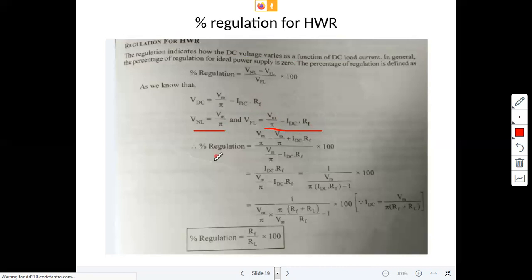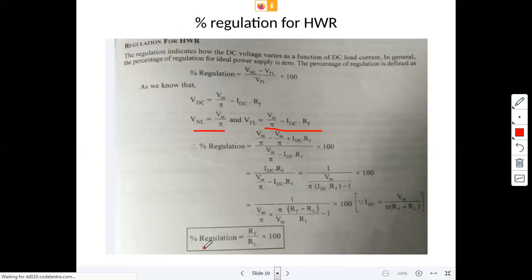Now substitute the condition here. Percentage regulation is equal to Vm by pi minus Vm by pi plus IDC into RF. Then simplify, and substitute the IDC value. IDC is equal to Vm by pi into RF plus RL. Then simplify.